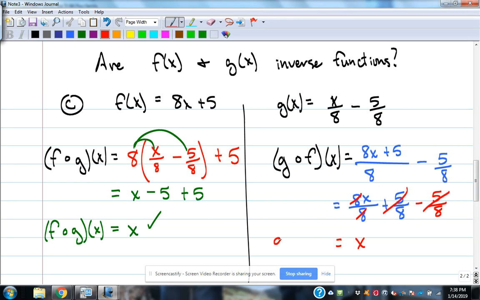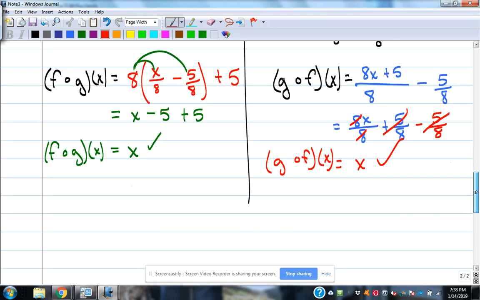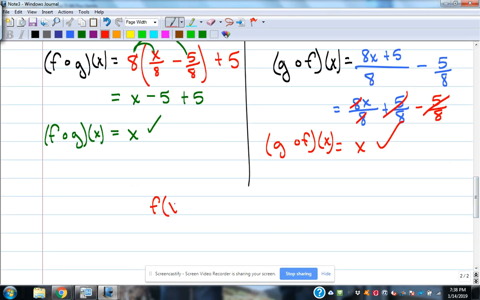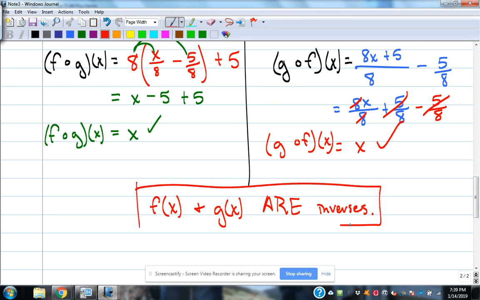So I do get plain x. That verifies that they are inverses. F of x and g of x are inverses. That composition in both directions verifies that.